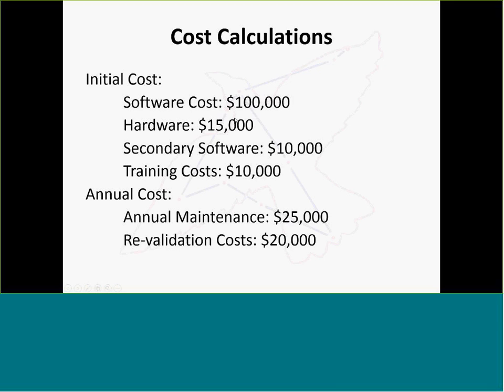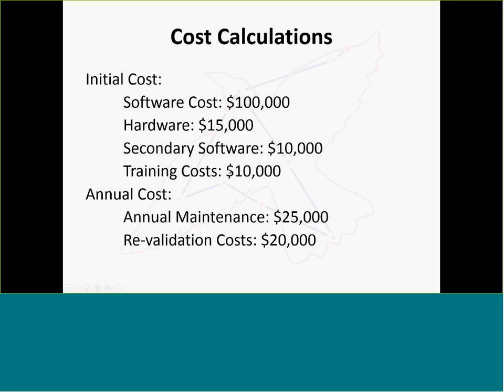Hardware, it's about $15,000. This is for server hardware and any adjustments to your file system that you'll need to make, as well as the software for the hardware. The secondary software, by this I mean additional PDF tools, perhaps additional software for the servers, that sort of thing.